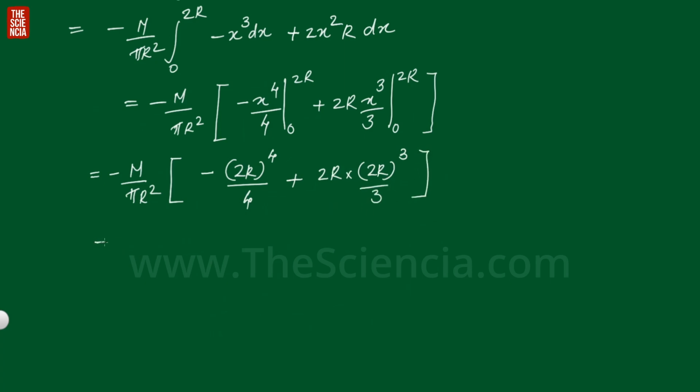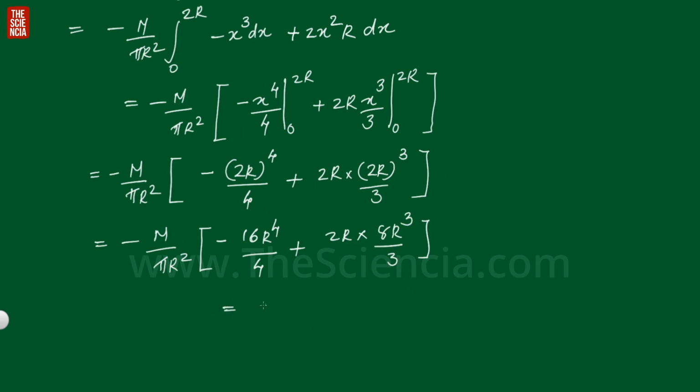Now what we get is equal to minus m by pi r square into 2 raised to 4 is 16, that is 16r raised to 4 by 4, plus 2r into 2 cube, that is 8r cube by 3.